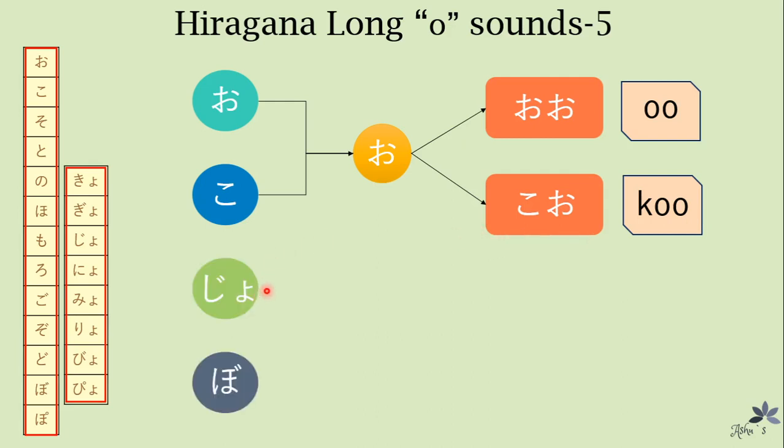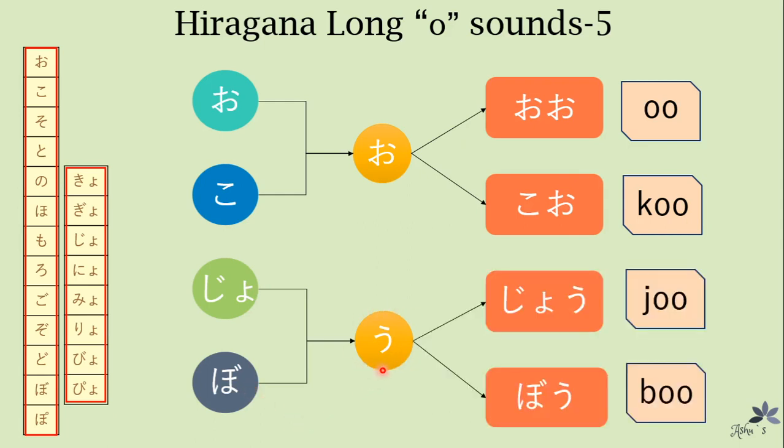Also friends, here when the alphabets from the O column are added to the alphabet U, it also makes the long O sound. For example, here I have taken the alphabets Jo and Bo.